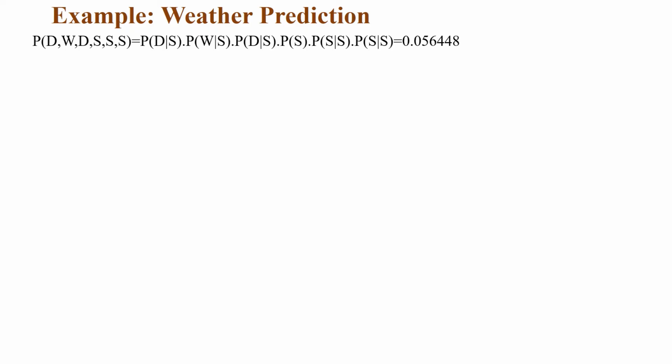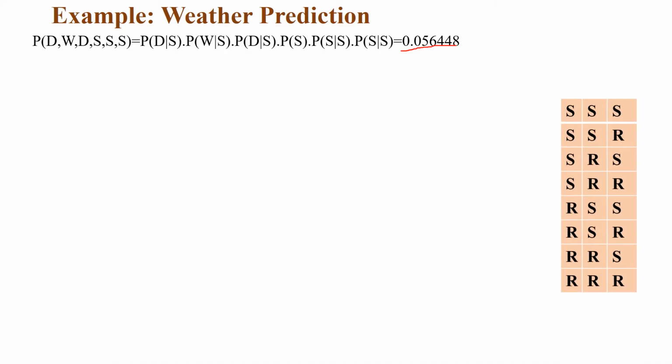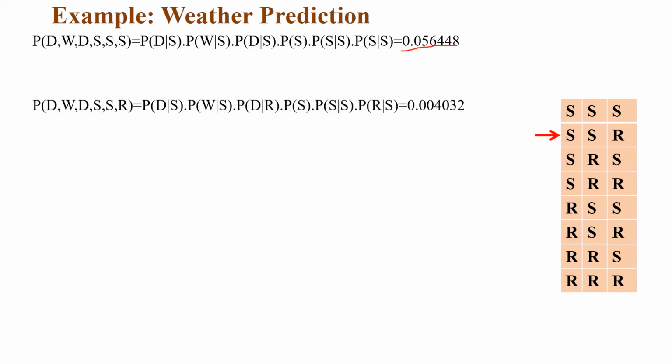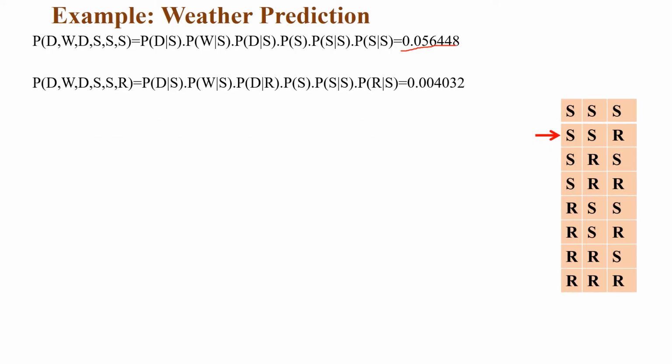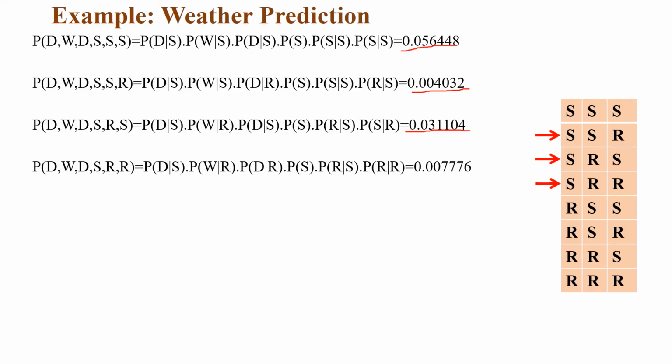For this combination, we have computed the probability already, that's 0.056448. Likewise, we need to compute the probabilities for the other sequences. For sunny, sunny, rainy, the probability is 0.004032, and for sunny, rainy, sunny it is 0.031104. For sunny, rainy, rainy it is 0.007776.